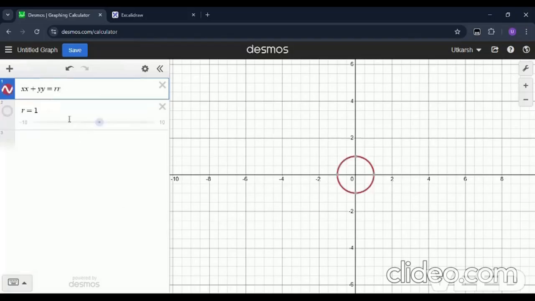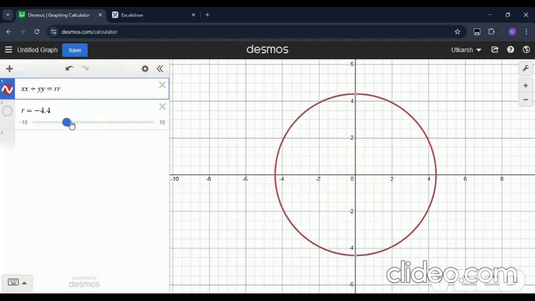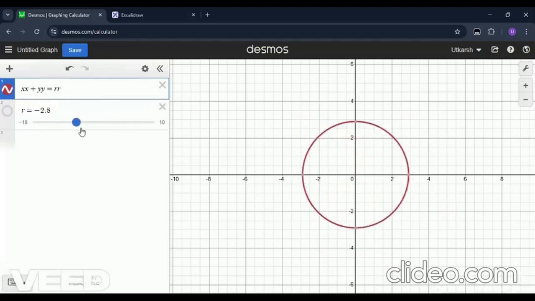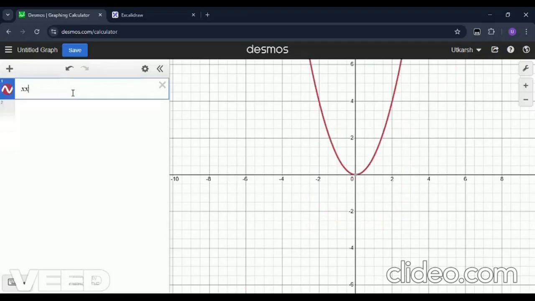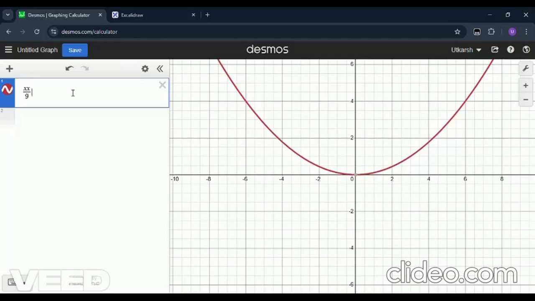Now when you change the values of r, you can obtain circles of different sizes, and maybe you can plot some other conic such as an ellipse equal to 1, maybe.